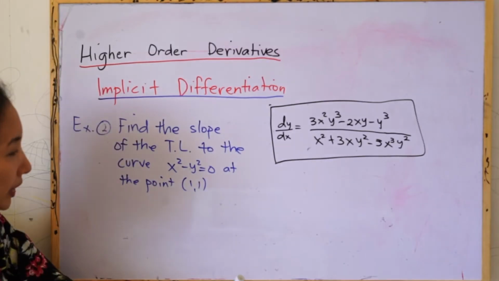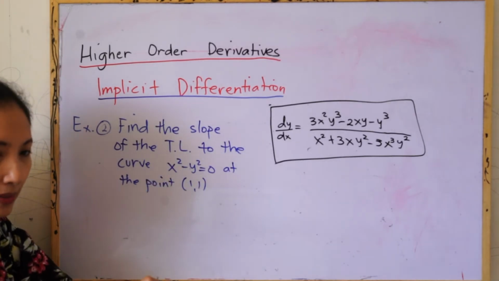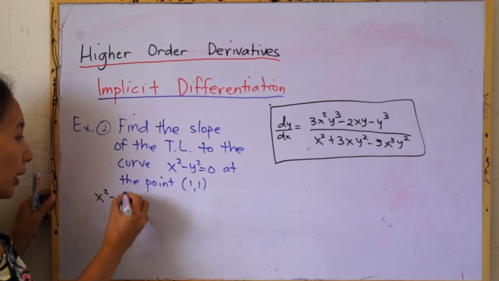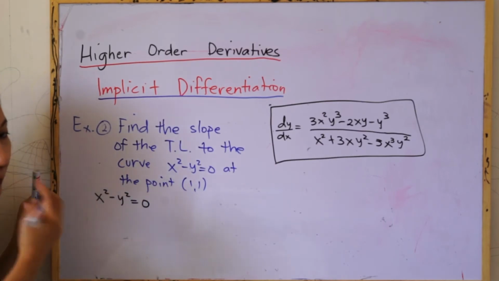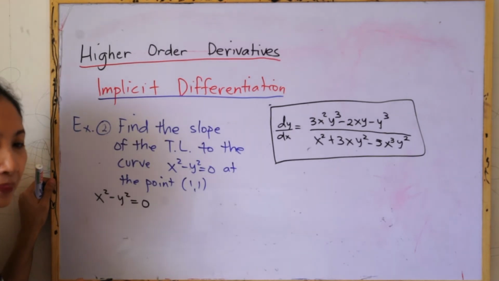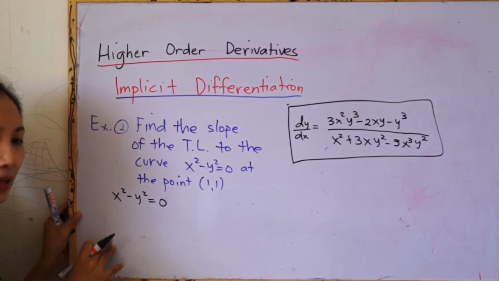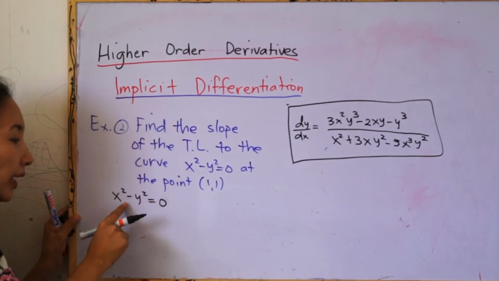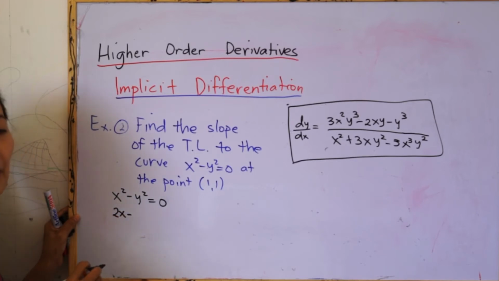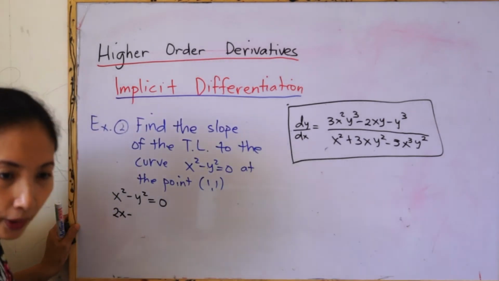So how shall we answer this? Okay, looking at the given, x squared minus y squared equal to 0. By the form, this suggests that we have to apply implicit differentiation. So let's differentiate using implicit differentiation. Derivative of x squared is simply 2x minus derivative of y cubed. It's y cube, not y squared, in the PowerPoint.